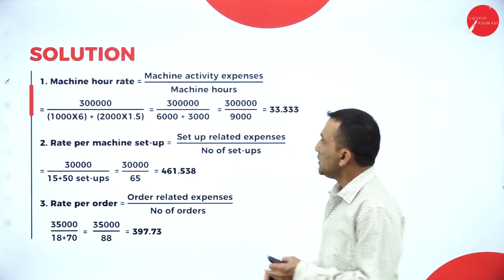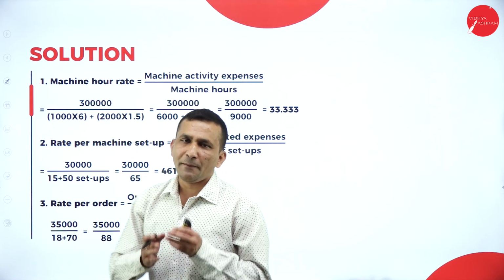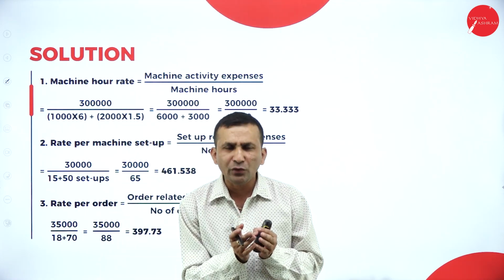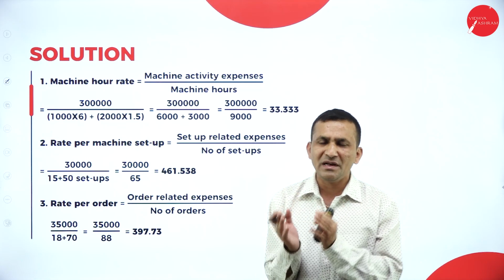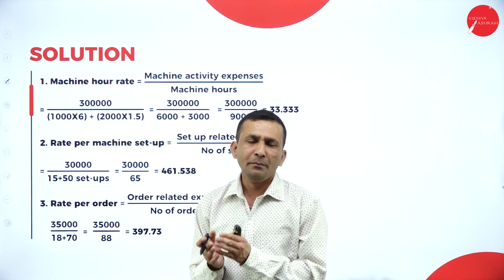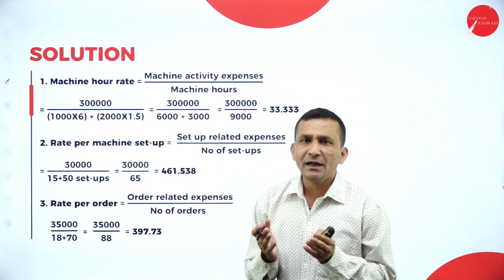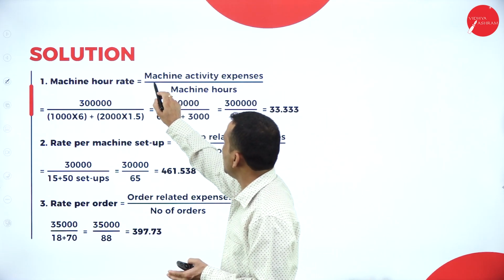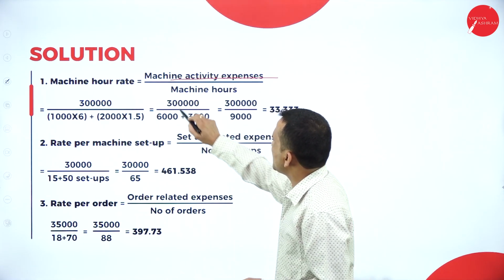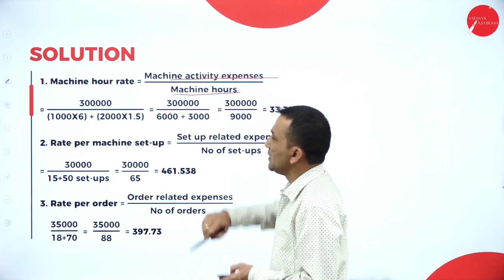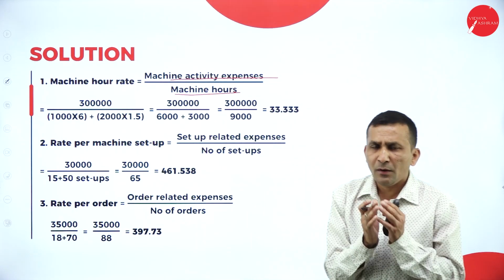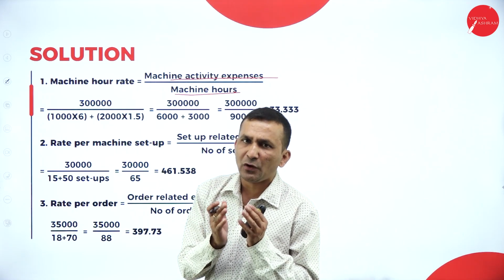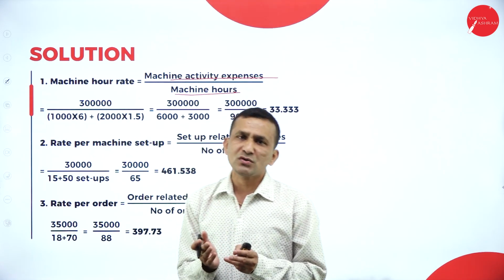Moving forward, the first one, we need to find out the machine hour rate. We need to depend on the information called machine related expenses: machine related expense divided by machine hours, because there are two products, product A is 1000 units and product B is 2000 units.